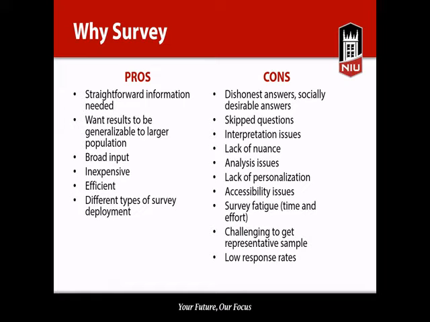On the negative side, when we're given surveys, we may not answer correctly, not because we're necessarily trying to be dishonest, but because we're trying to give socially desirable answers, and I'll give you some examples. People can skip any questions that they want, so there's no reason for them to complete a survey 100%.